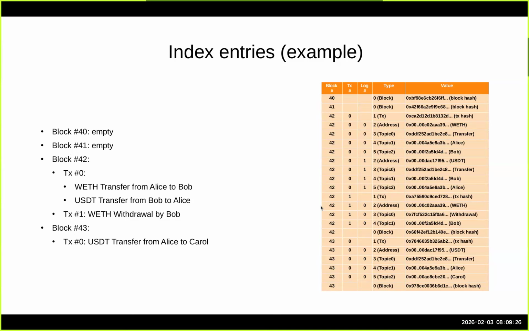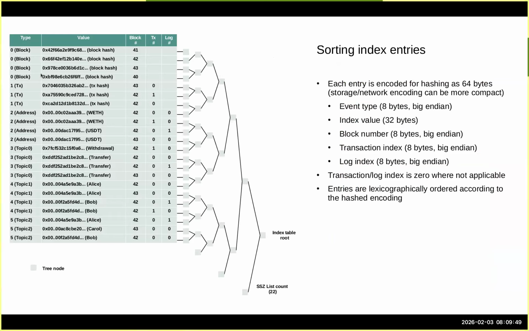This is not how the table is hashed. Here, every entry has a block number, a transaction number inside of the block, and a log index of the log inside of the transaction. Each entry has a type and a value, which is 32 bytes. The way the table is generated is that it's sorted.